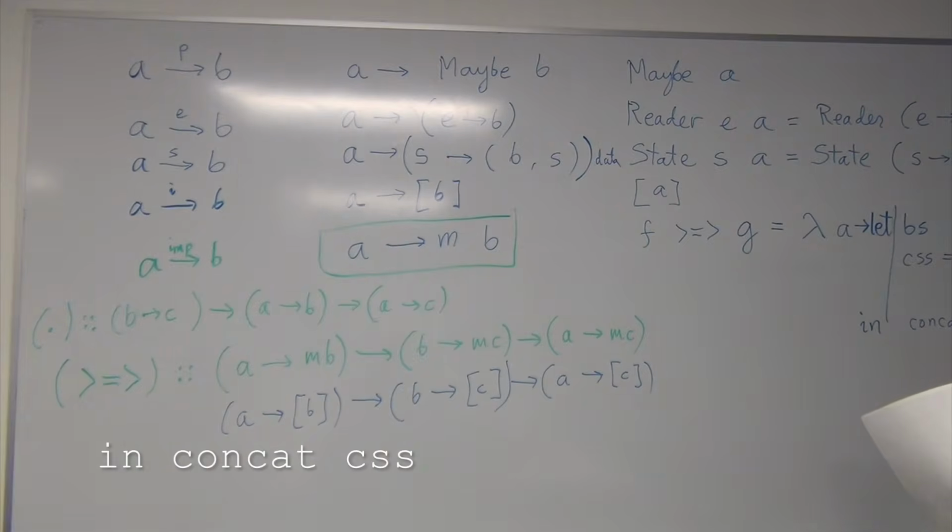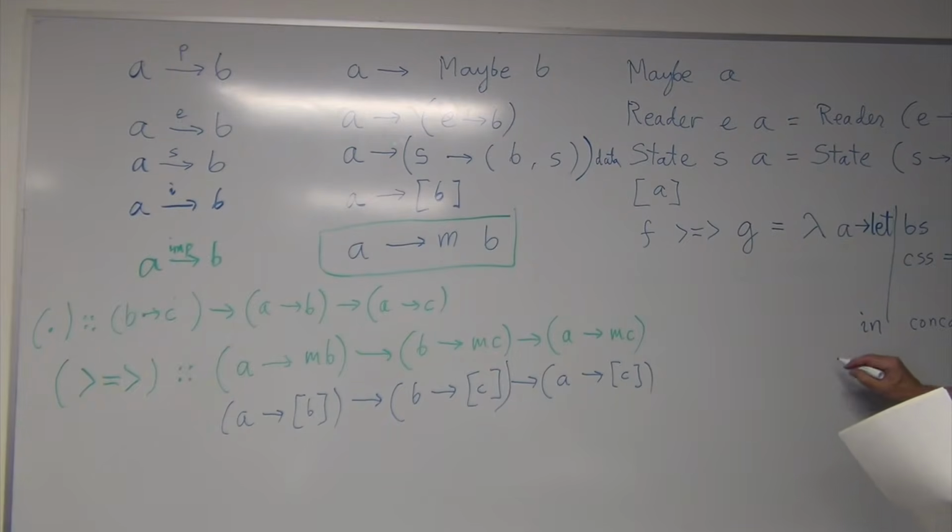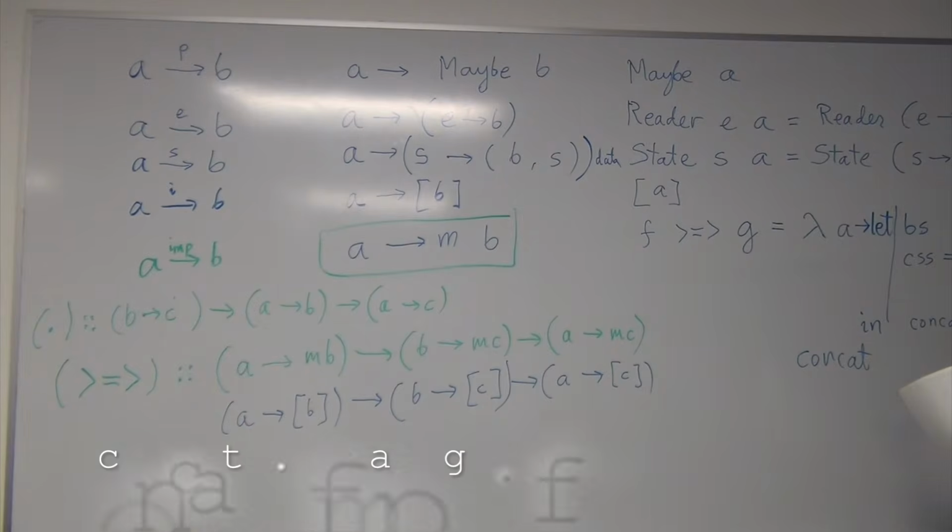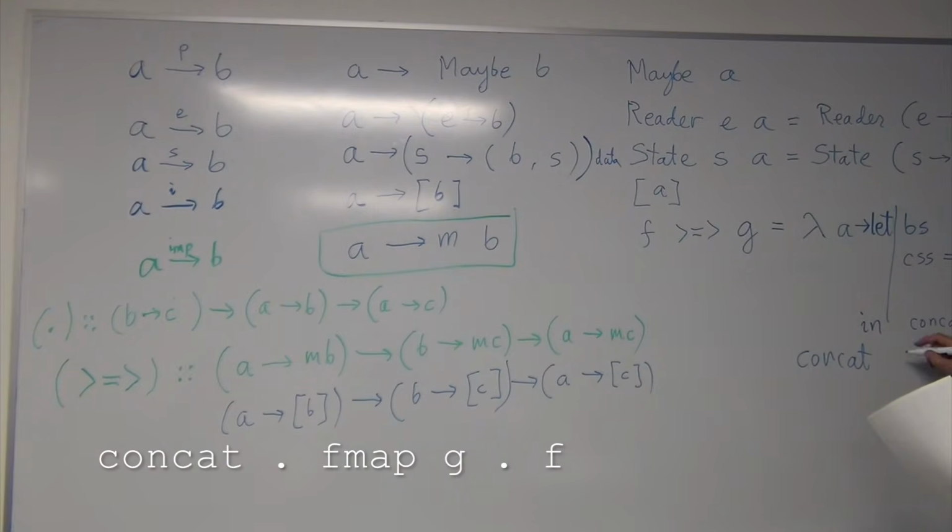We are concatenating CZs, but CZs is fmap of G over BZs. But BZs are just F A, right? So why don't we say fmap G F A?